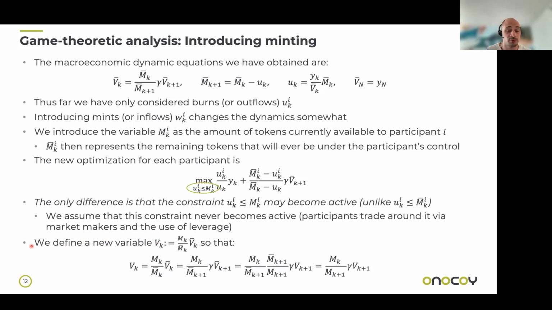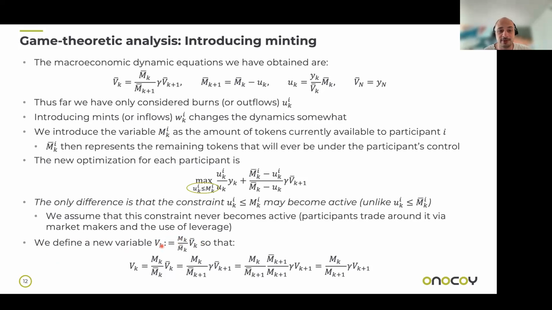I can't prove that this is true, but it is an assumption that we make. So now what we do is we define this new variable called V, and we relate it to V bar through M and M bar. So we're saying the ratio of V to M is equal to the ratio of V bar to M bar. So again, this is just math.